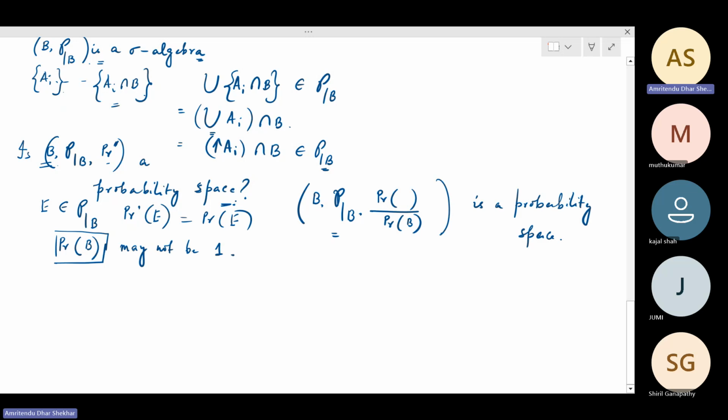Of course, you require that B should not be a null event. So the probability of B must not be equal to 0.